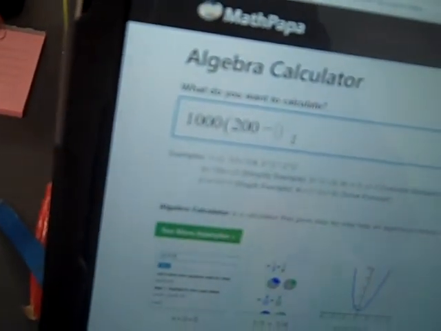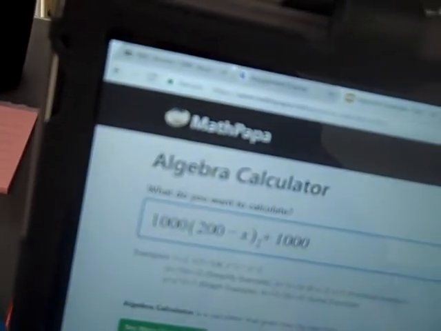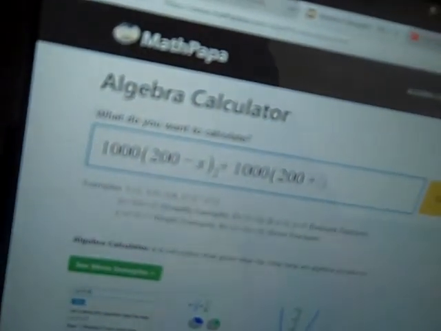Now I go to my Papa Math. So I will enter this side of the equation in, and then this side in. Okay, so what do I have? I have 1,000, and then 200 minus x, plus 1,000, and then 200 plus x.